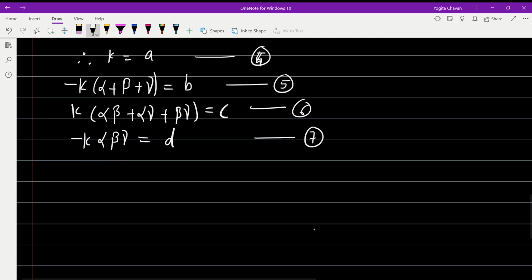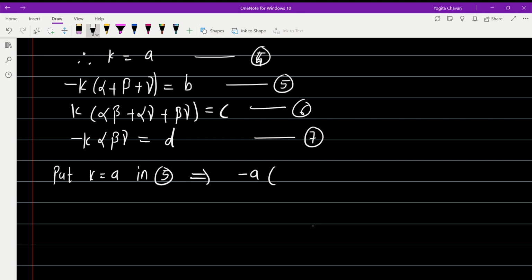Now put k equal to a in 5. This implies minus a into alpha plus beta plus gamma is equal to b. Therefore alpha plus beta plus gamma is equal to b upon minus a, which is minus b upon a.